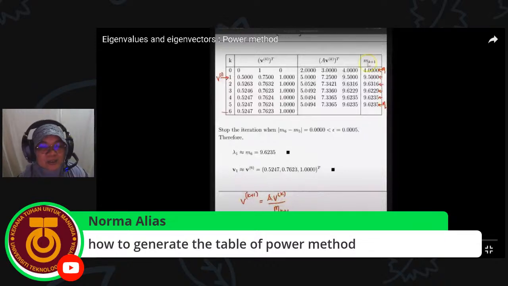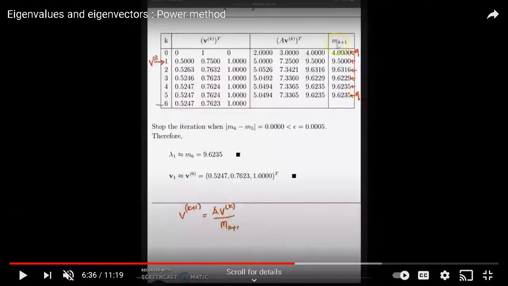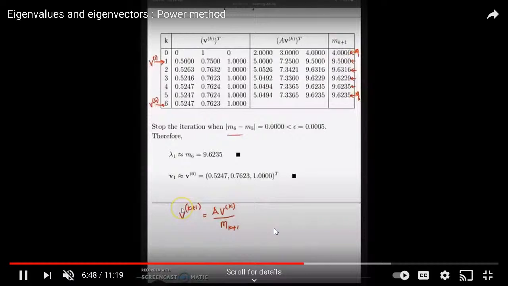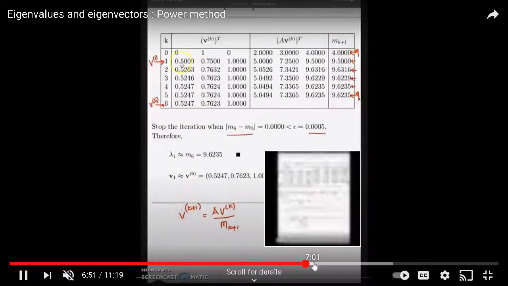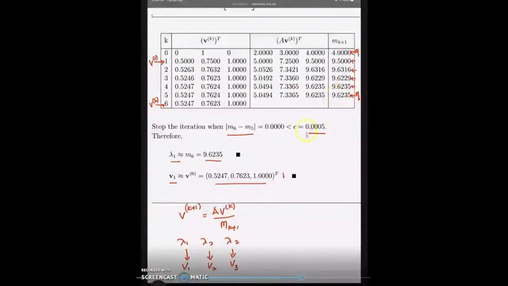The next question, let's refocus on our finding here. How to find other eigenvalues? We have the dominant eigenvalue now, we applied power method, and matrix A is the original from the question. So how to find other eigenvalues? We have lambda 1, lambda 2, lambda 3.